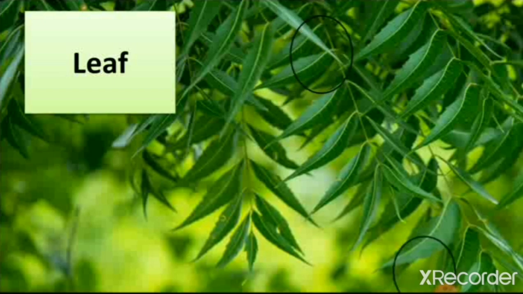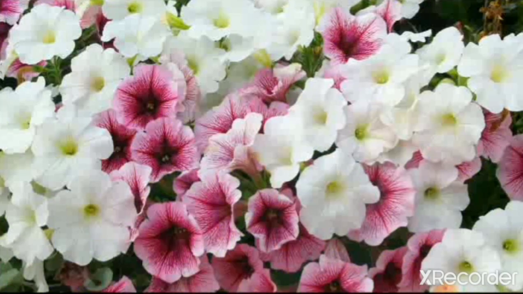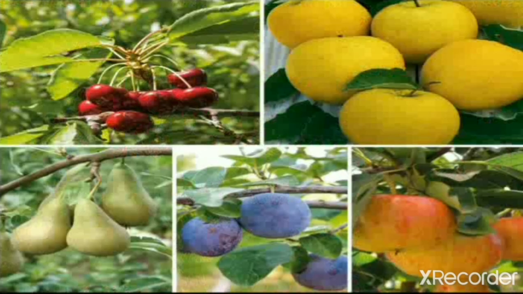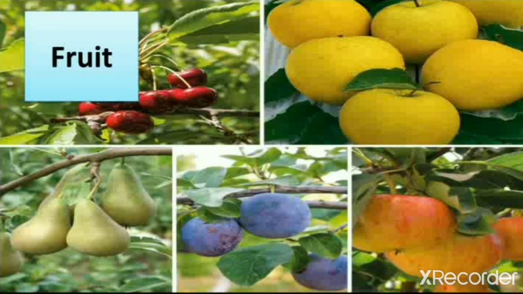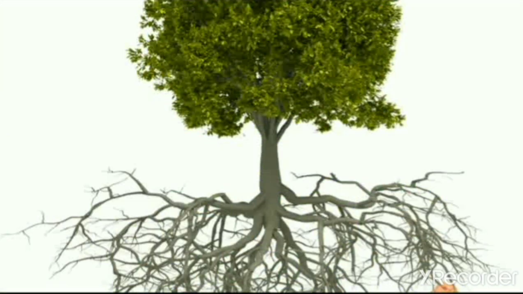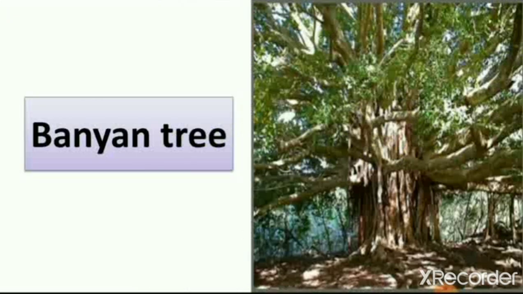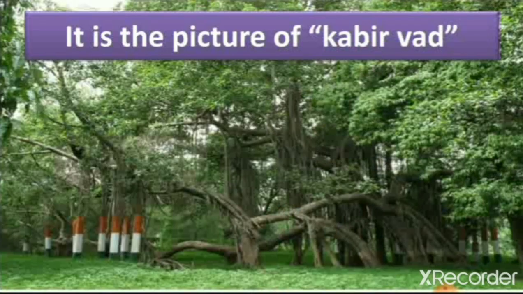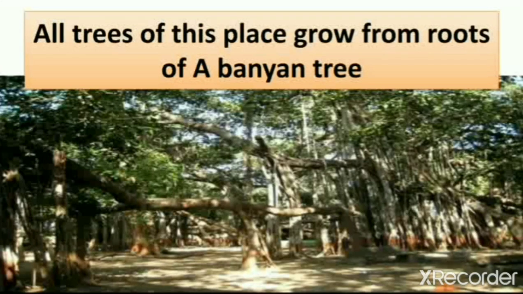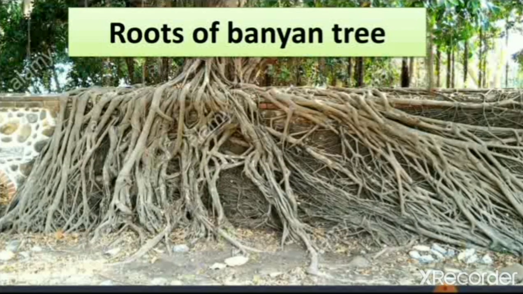You can see here I circled the leaf, flowers, fruits, yummy fruits. Root is the underground part, and we also learned yesterday about one banyan tree which is located in Kabir ward, and the trees grow from roots.